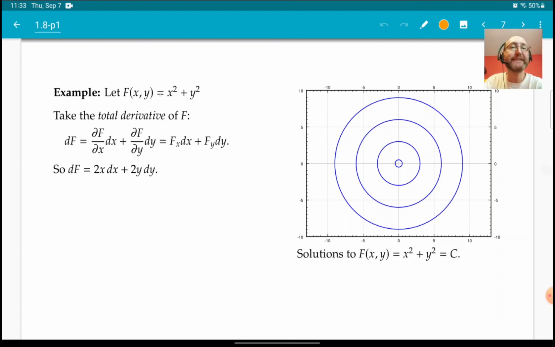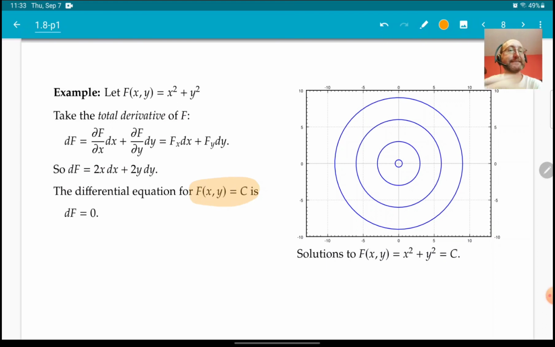So for example, in this case, when f is x squared plus y squared, the total derivative df is 2x dx, that's the derivative with respect to x, plus 2y dy, which is the derivative with respect to y. So what do we do now? We want to encode this equation, sorry.